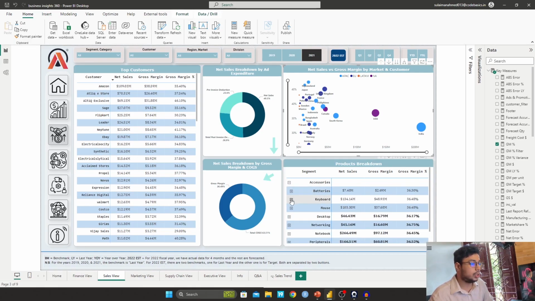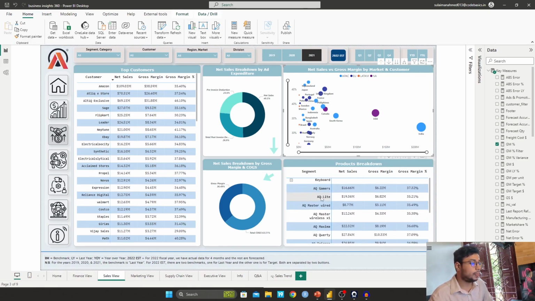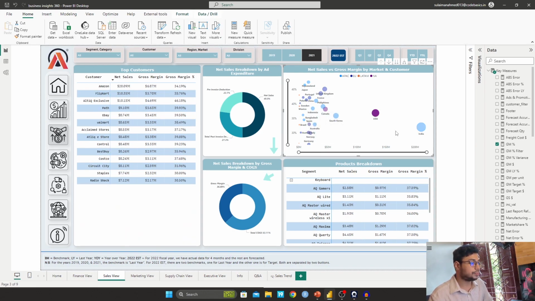Like in accessories, we can go to keyboard and see how this keyboard is doing. Like AQ Gamers have net sales of 16.66 million, gross margin and gross margin percentage. And if he selects USA, he can get information on how the AQ Gamers keyboard is doing in the United States market.